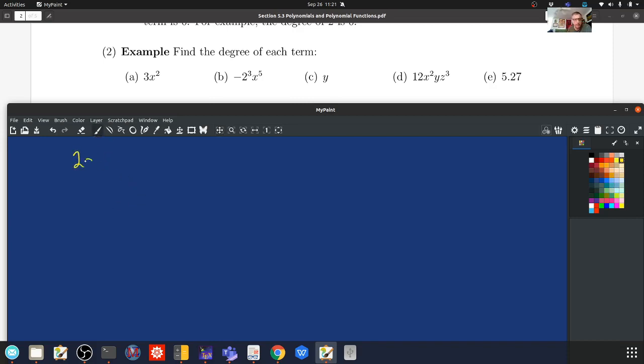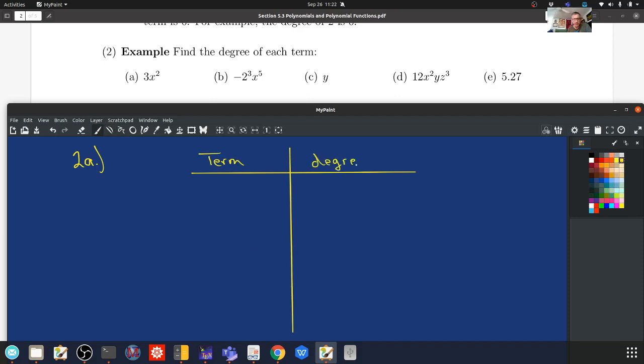So 3x squared. We just look at its single variable, and it only has one exponent, so it has degree 2. So I'm going to make a little table with all of these. It will be term and degree.